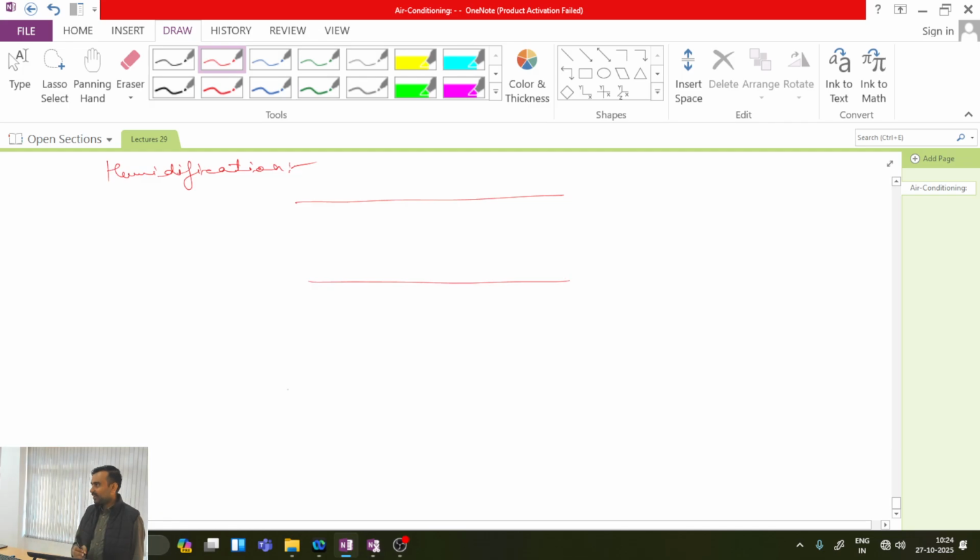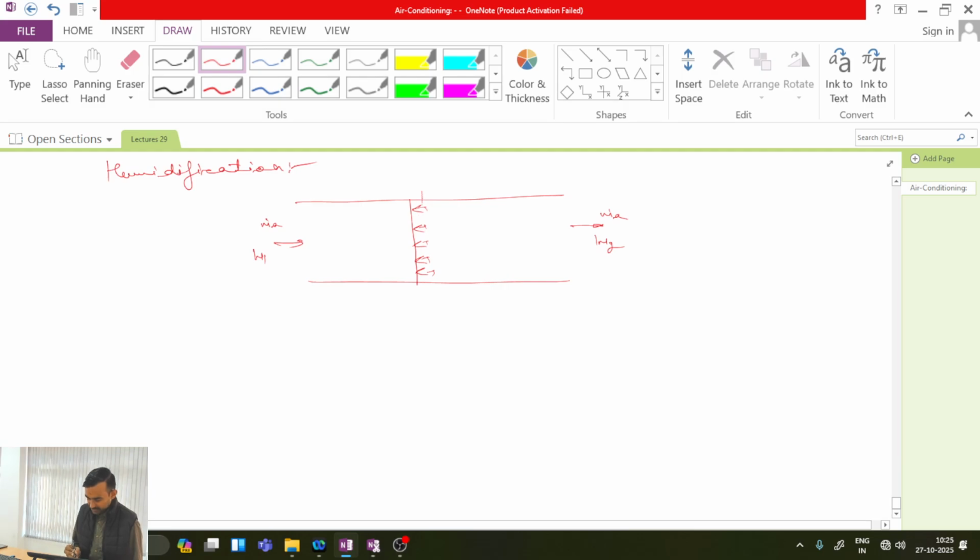Again I have a similar kind of duct, m dot A, then some small fine nozzles are there which are adding moisture. W1 is the humidity here, W2 is the humidity here, and here you are adding water.